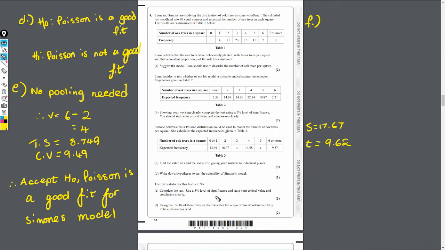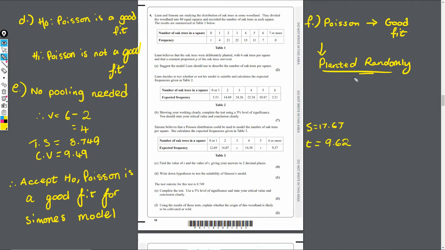Well, what we just worked out is that Poisson is a good fit. Now, if Poisson's a good fit for this distribution, that would suggest they are planted more randomly, because binomial, in theory, gives us a more proportionate amount. It's going to be planted almost methodically. But with it being Poisson, that implies it's planted randomly.